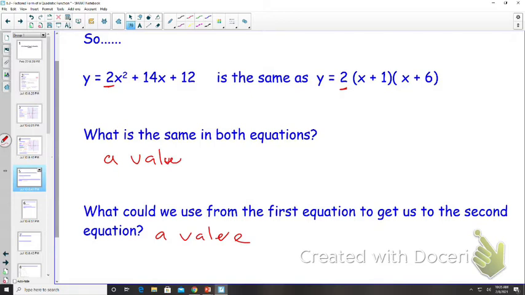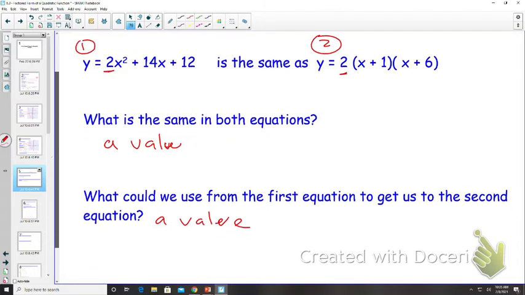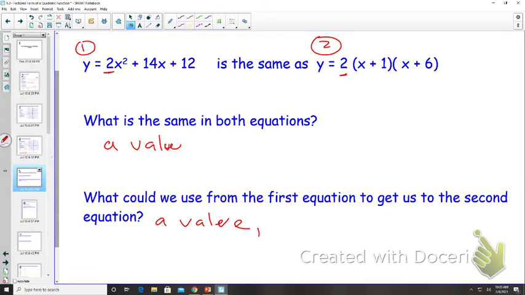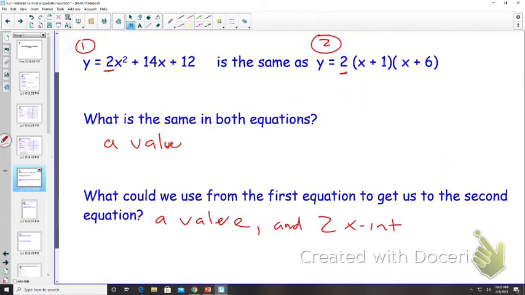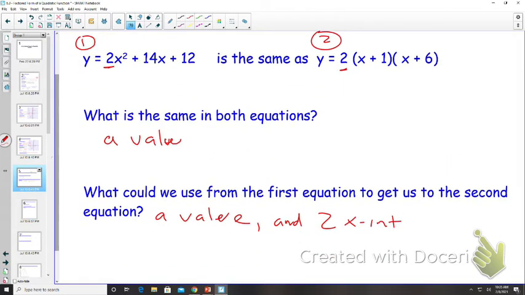If I set them equal to 0, I can find the x-intercepts, okay? So if you're given this first and you want to go into this, all you really need is the a value and 2 x-intercepts. Okay? So to go from standard form to factored form, all we need is the a value and 2 x-intercepts.